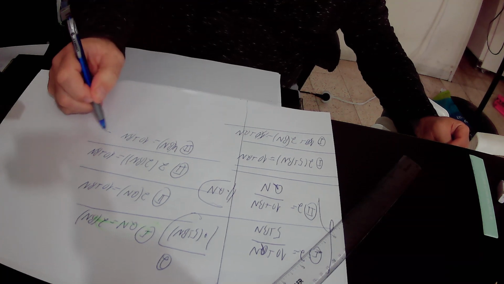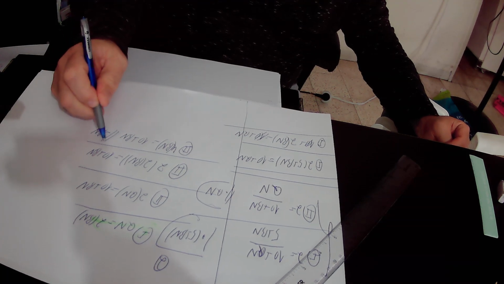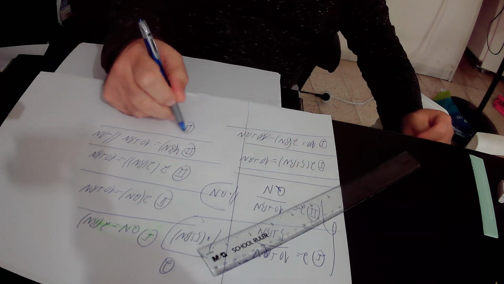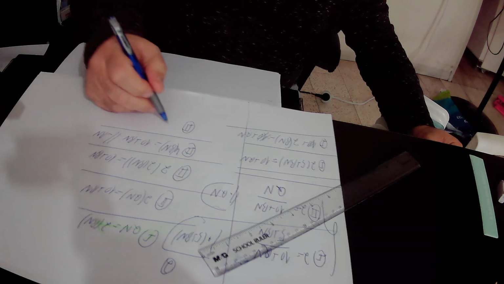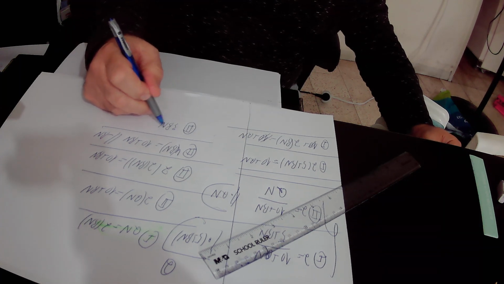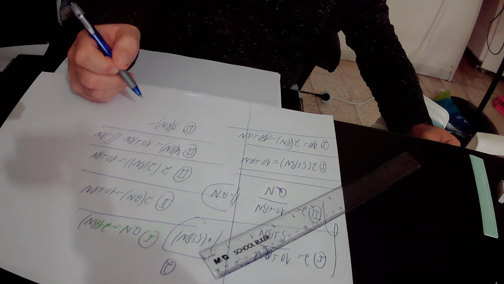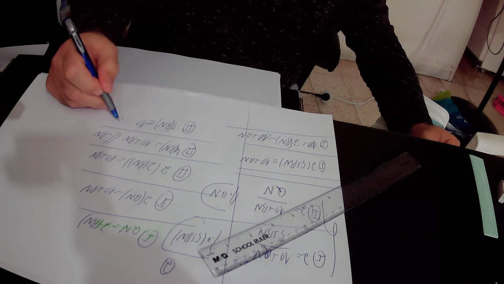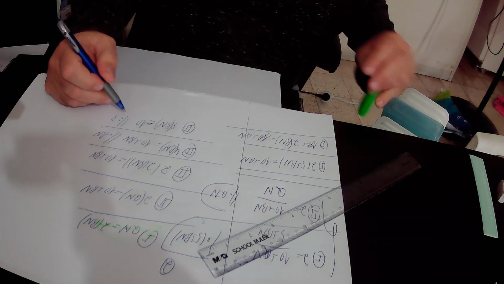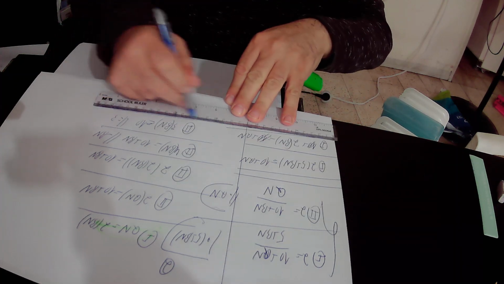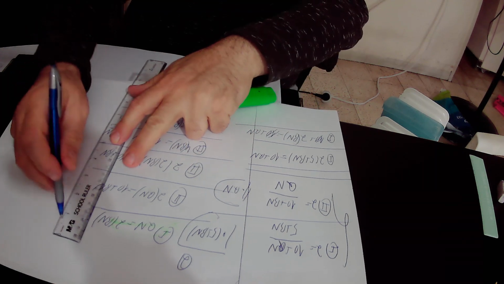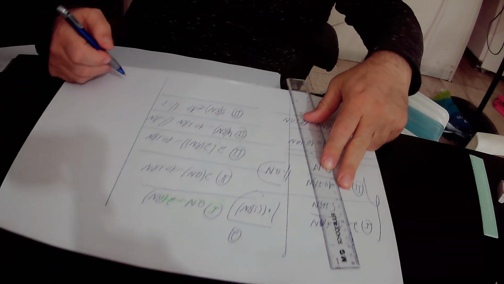Here we subtract BN from this equation number 2, and we get that 4BN minus BN is 3BN, that equals 10. Here we divide this equation by 3, and finally we get that BN equals 10 over 3.